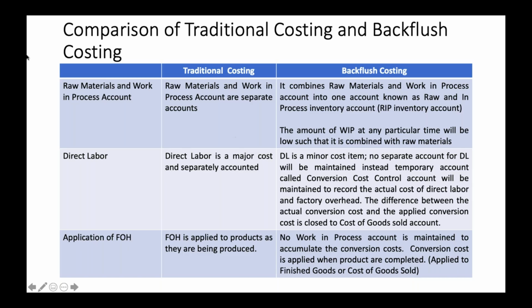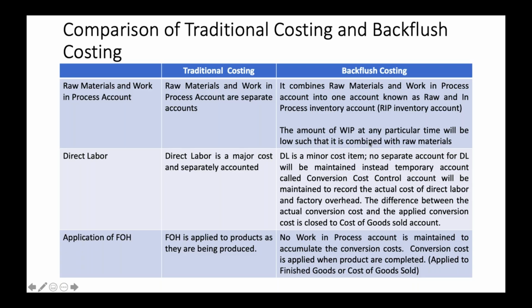So we have two separate accounts used in traditional costing for raw materials, and that is the raw materials and work in process accounts. Unlike in backflush costing, it combines the raw materials and work in process accounts into one account known as the raw and in process inventory account, or RIP inventory account.